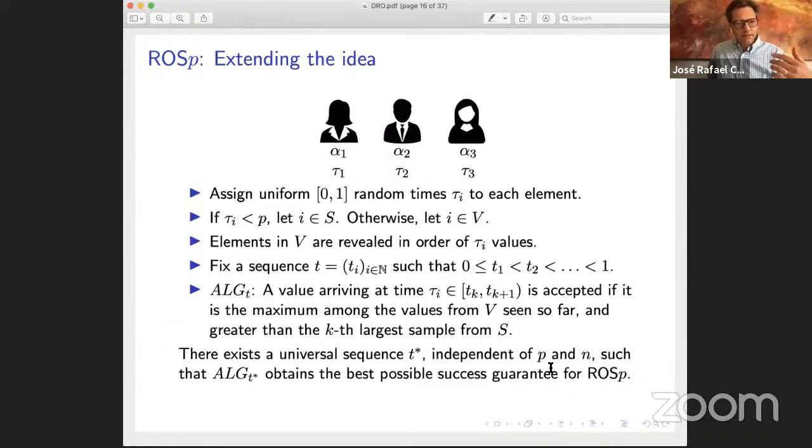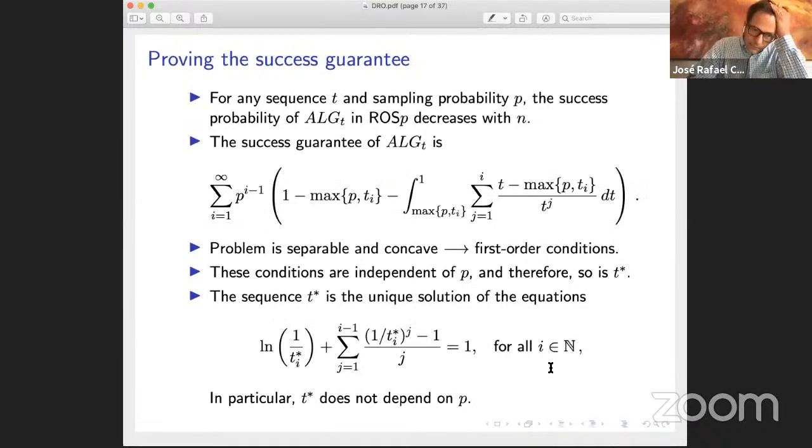And what's very cool is that there is a universal sequence, a sequence T star, that is independent of P and N, such that ALG_T* obtains the best possible success guarantee. So the sequence of t's is independent of P and N, and is fixed. And why is this? Well, it comes from doing the math, basically. If you do the math, you can compute the success guarantee of the algorithm as this quantity here.